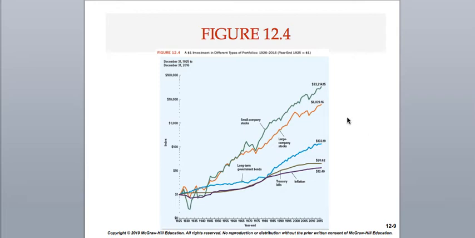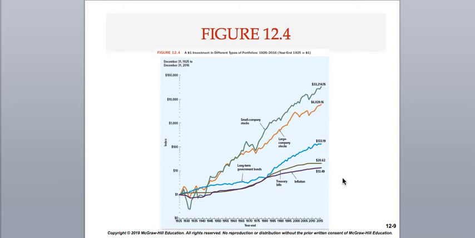And what you'll see here is that small company stocks, the green line, has essentially earned the highest return, followed by large company stocks. This looks like an orange line, followed by government bonds, right? And you see here that treasury bills would earn the lowest return because they are risk-free.